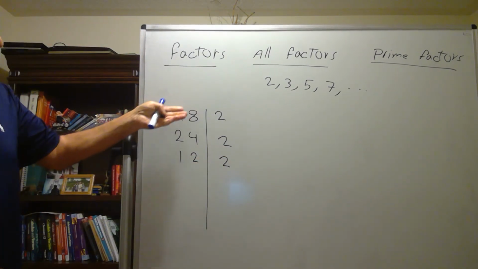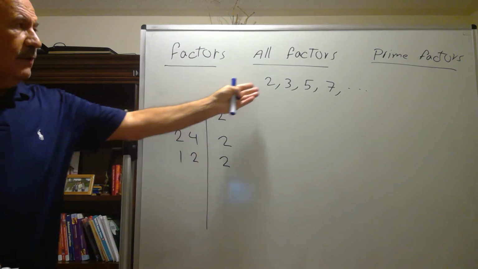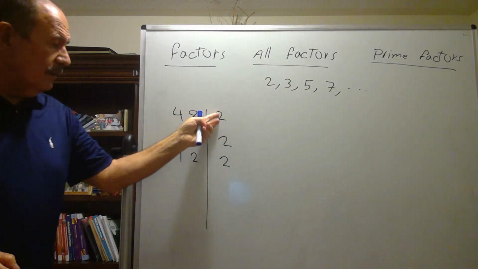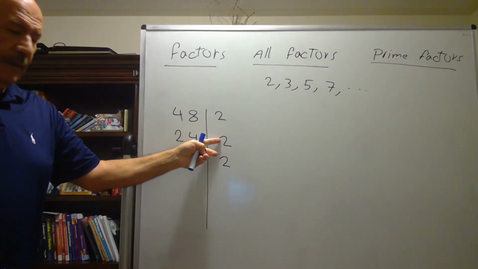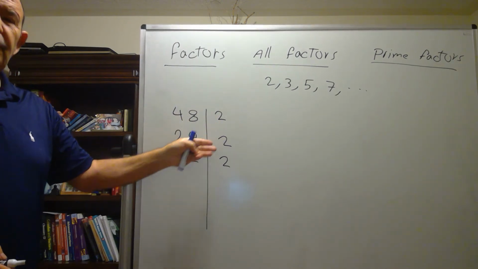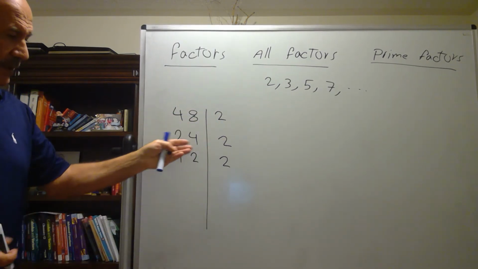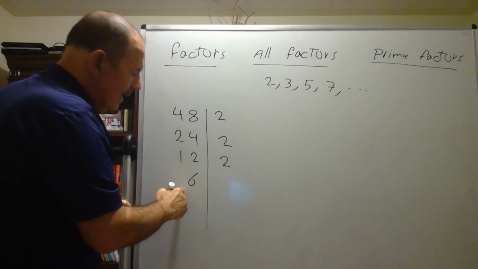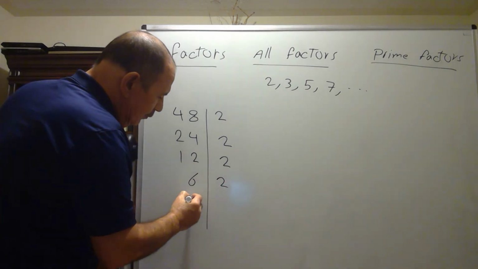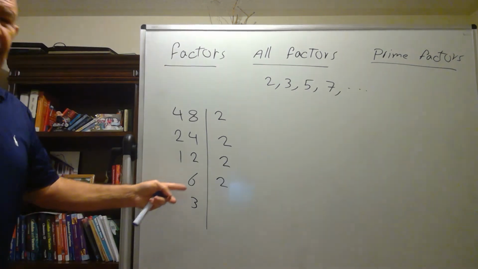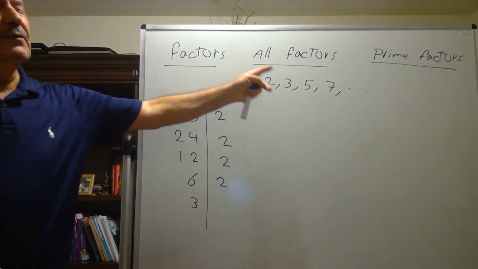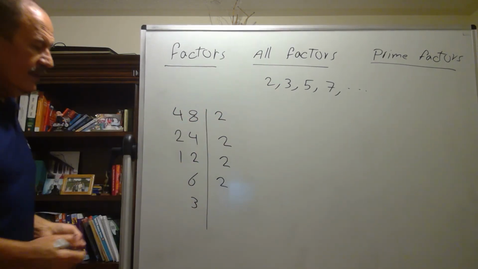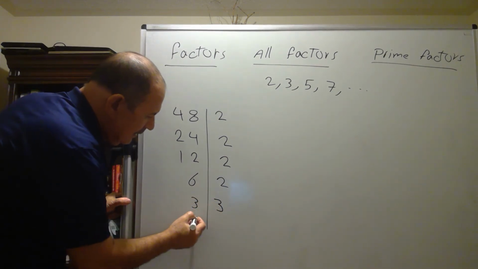As you see, I'm not going to the next number until it doesn't go by 2 anymore. 3 doesn't go by 2 anymore, so I'm going to the next prime number, which is 3. 3 divided by 3 is 1.